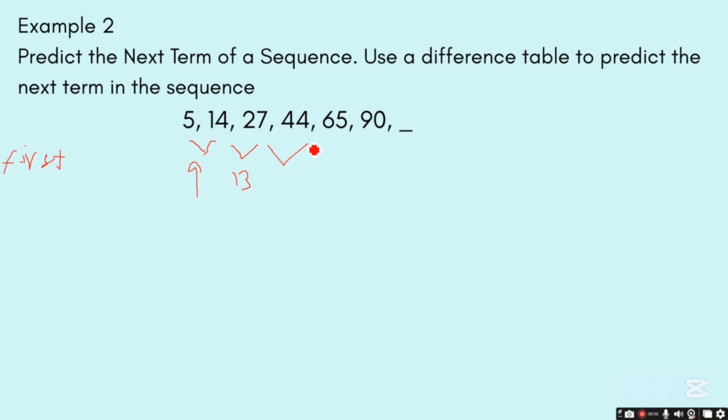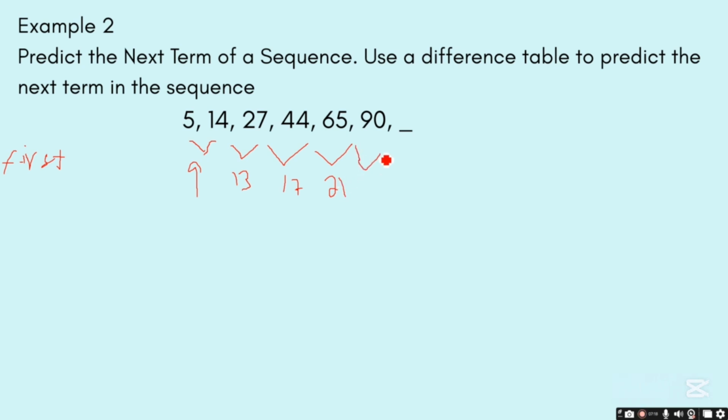And 44 minus 27 is equal to 17. And 65 minus 44 is equal to 21.